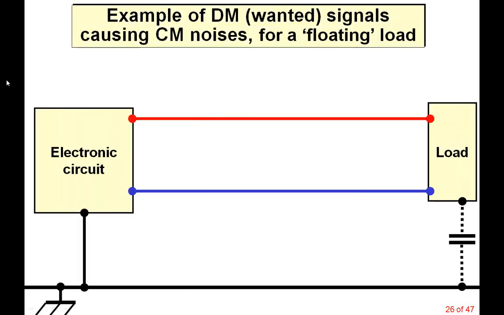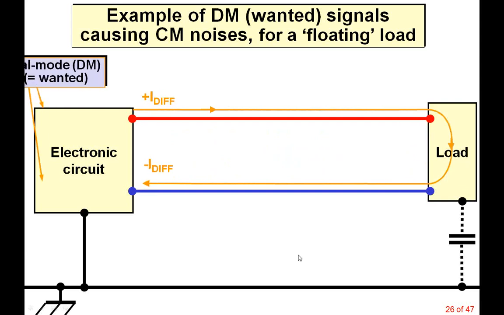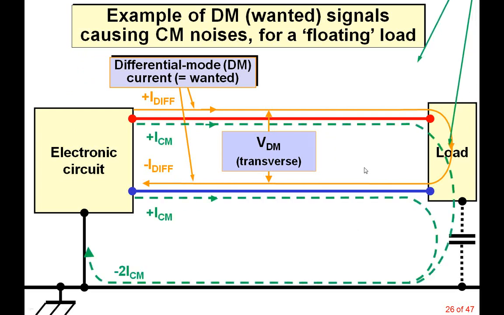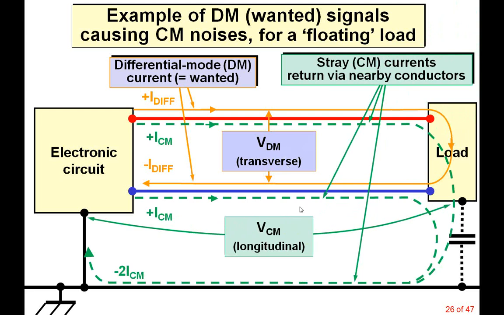Here's a simple example. We've got an electronic circuit driving a load, we've got our red and blue conductors, we've got some kind of chassis or ground structure which the circuit is connected to. The load has a stray capacitance, and so do the wires, but I've not shown it. Here's our wanted signal traveling along the wires, and because of the imbalance in the stray capacitances between the wires and the load and everything, we get some common mode current.